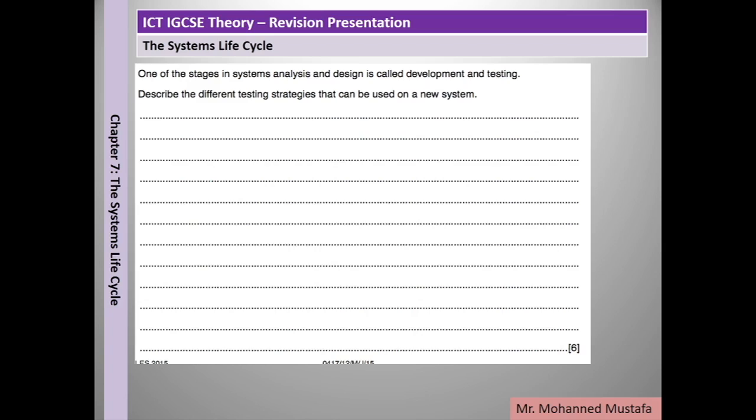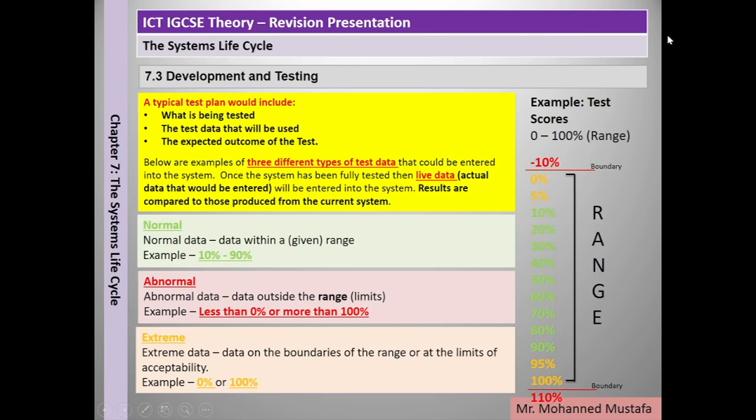Other testing environments are where sometimes you might give some kind of specific data for testing. For example, if we are testing a range validation, the system should accept data, let's say between 0 and 100, and in this case, you might use 3 different types of data to test it. The types of data are called normal, abnormal, and extreme.